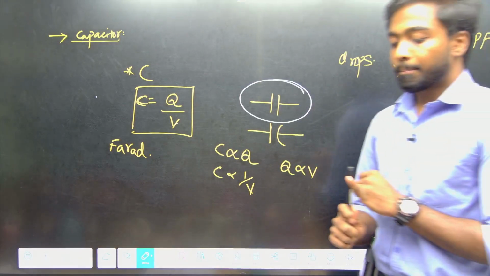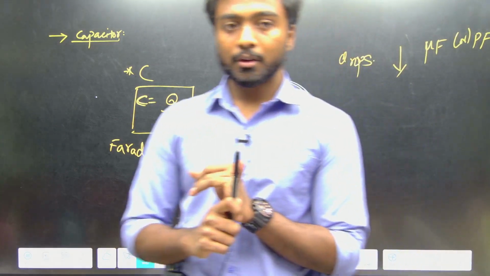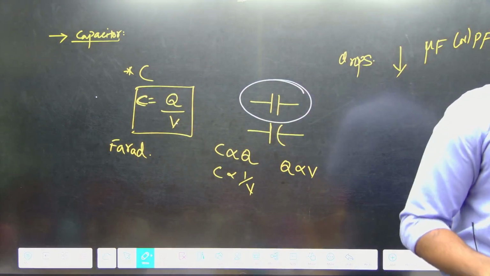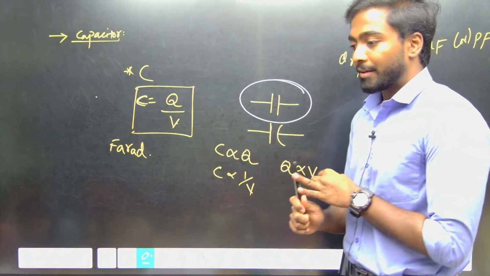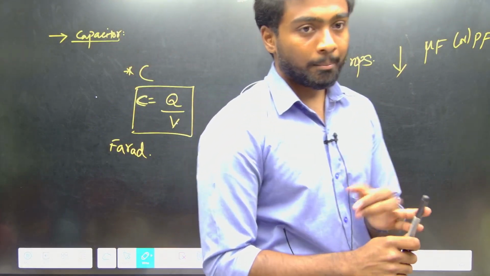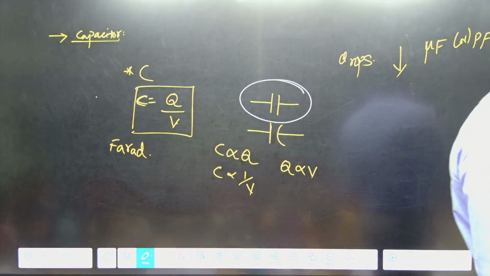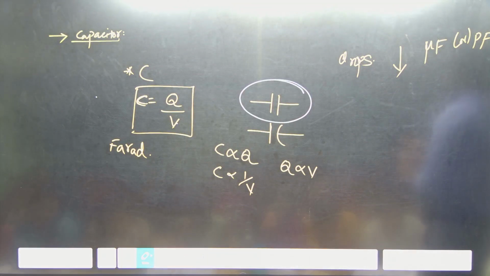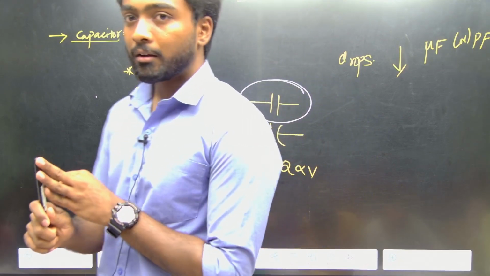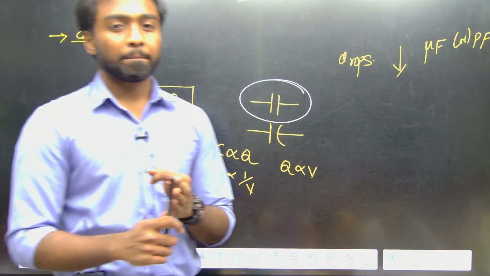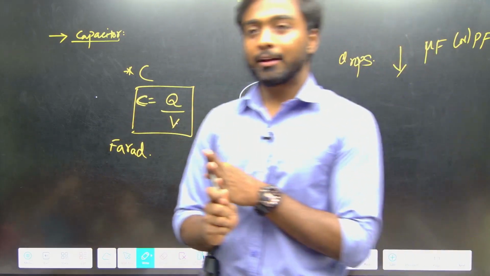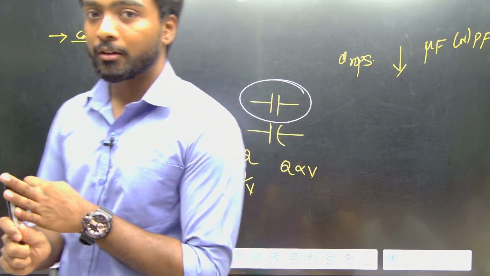First one is parallel plate capacitor, second one is cylindrical capacitor, and third one is spherical capacitor.